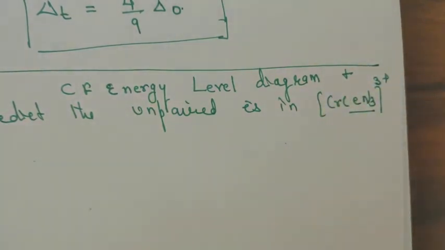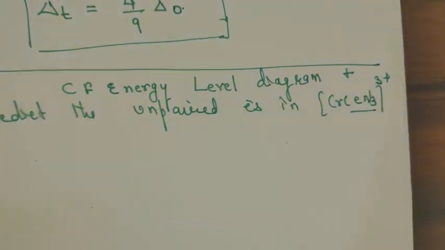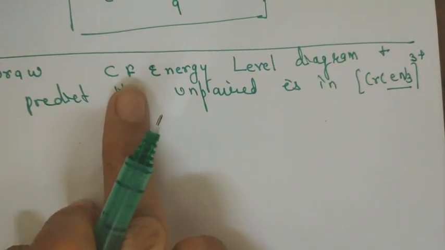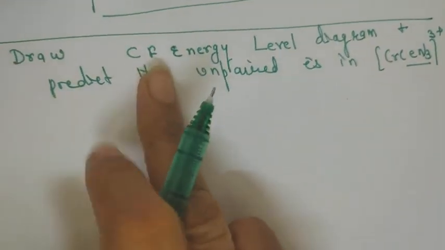You know that en is ethylene diamine. So first you have to draw this energy level diagram.